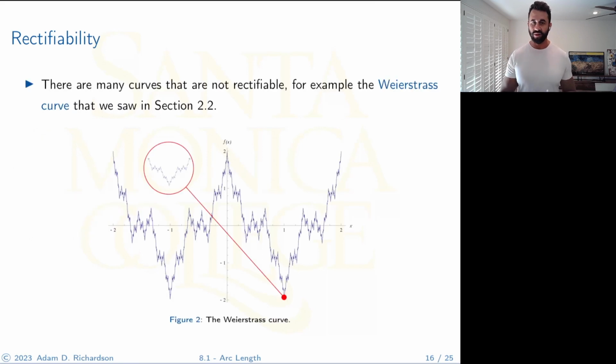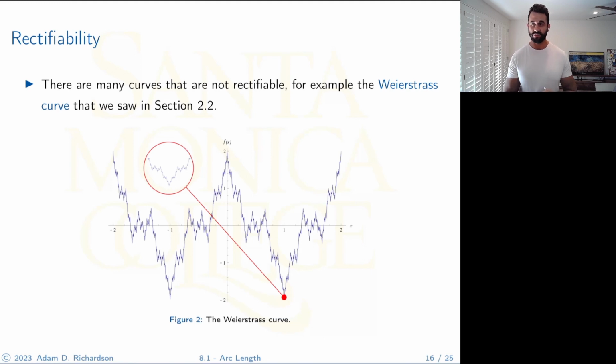Why is this important? Well, there are many, many curves that are not rectifiable at all. And a good example is the Weierstrass curve, which I talk about in section 2.2 in Calc 1. That's when you first start to talk about differentiability and how it's related to continuity. And Weierstrass created this curve in, I think, the early 1900s, maybe late 1800s.